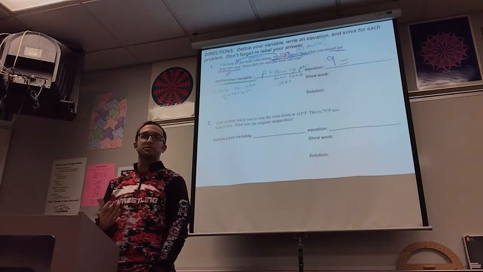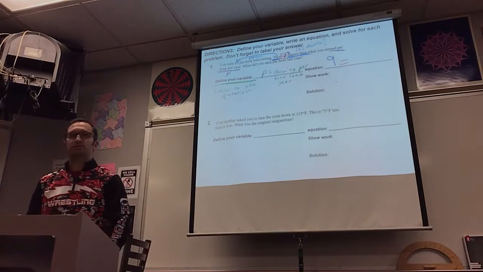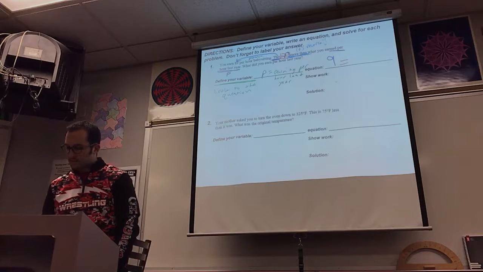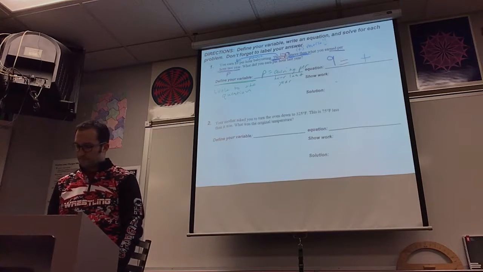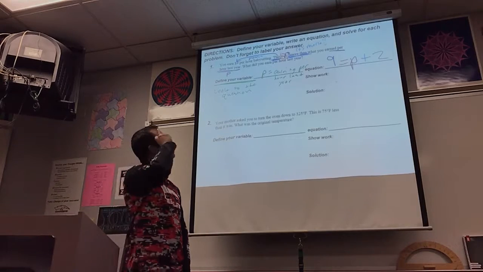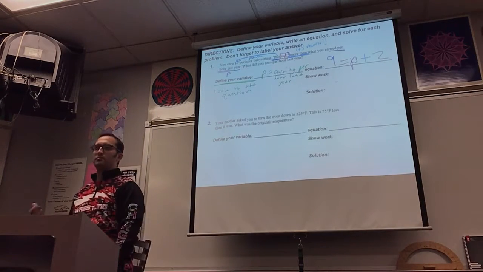More than is one of those reverse addition signs, which means we take it and flip it. So it's going to be 9 equals what? Well, it's an addition problem, so we've got our plus sign. And we've got our P that comes first because of the reverse, plus 2. So $9 equals what we earned plus $2.